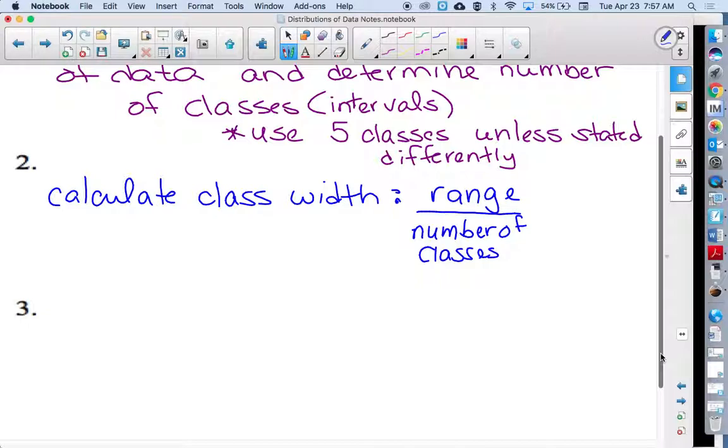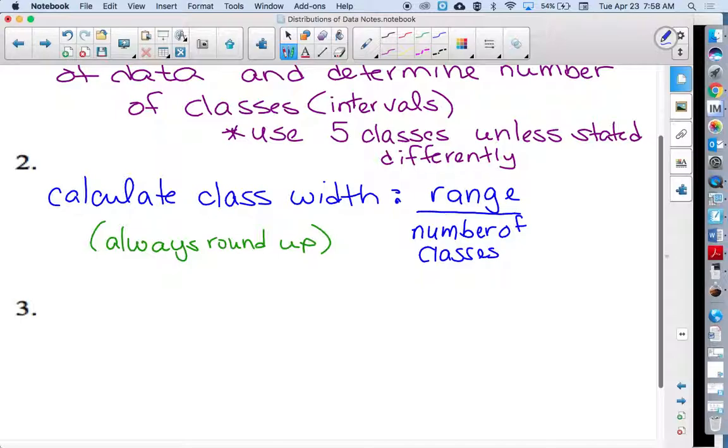That's the class width. So it starts at one number and goes to another number. You will always round up. Even if the number is 10.2, you're always going to round up to the next value. That way all of my numbers fall within those classes.